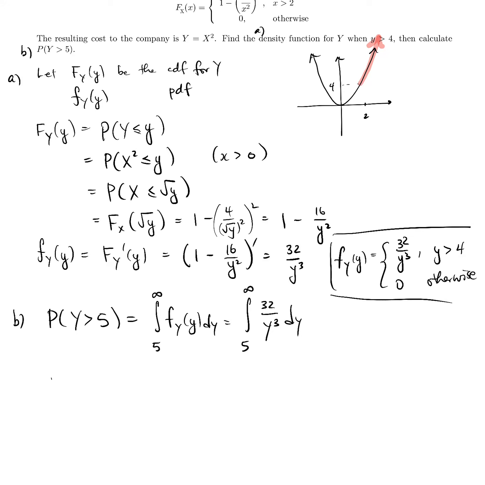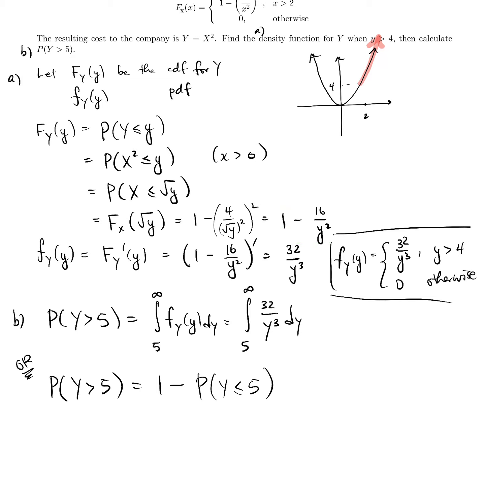The probability that Y is greater than 5 is, we're going to use the complement rule, 1 minus the probability that Y is less than or equal to 5. And that is super nice because that is exactly the cumulative distribution function that we have a rule for right here.